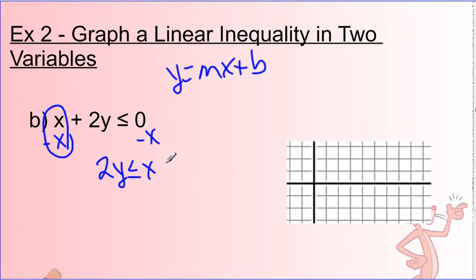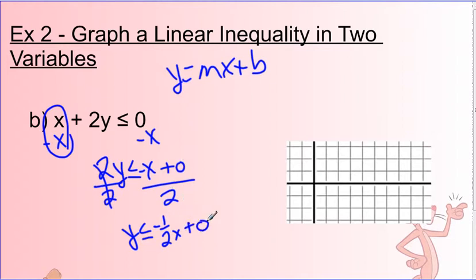And in case you're curious, you really do not need to write plus 0. You could. It doesn't hurt, but you really don't need it. Divide by 2 on both sides. These cancel. y is less than or equal to this, as a fraction we've done before, will be negative 1/2 x. And 0 divided by 2 is 0.